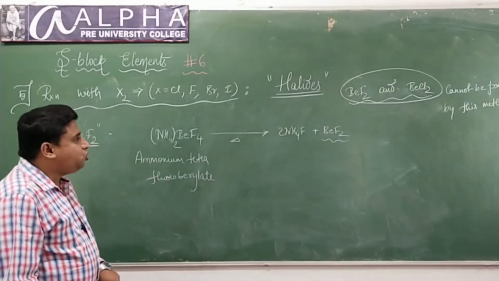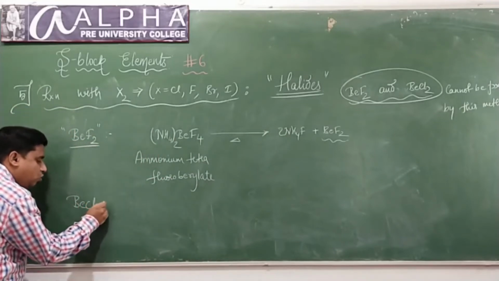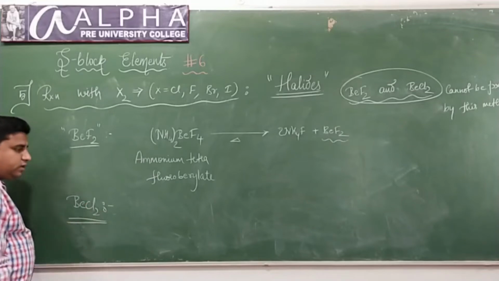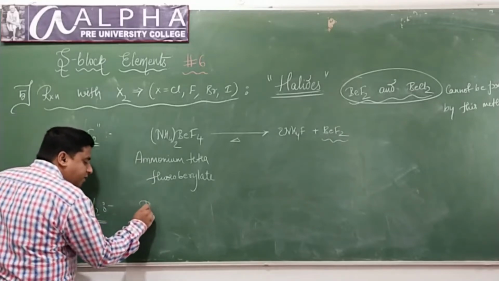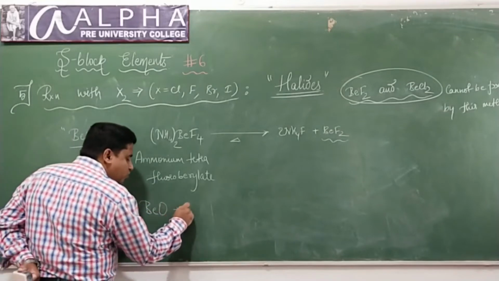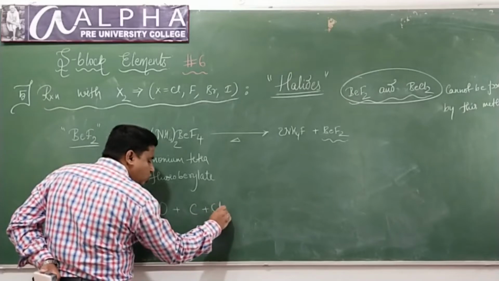Okay, then how do I prepare beryllium chloride? In order to prepare beryllium chloride, I will treat beryllium oxide with carbon and chlorine.